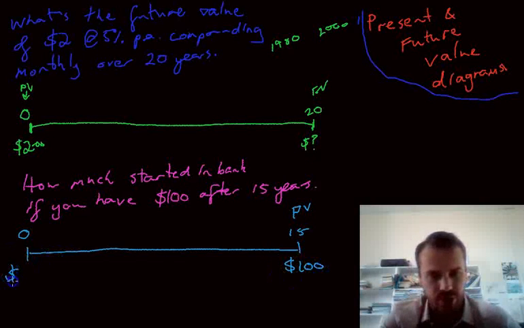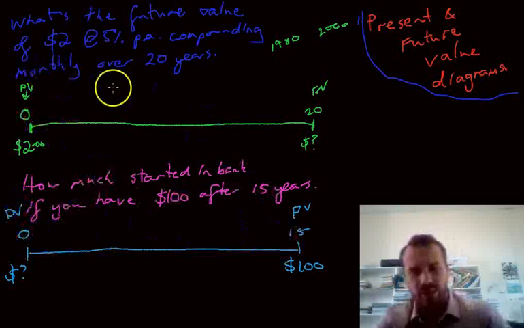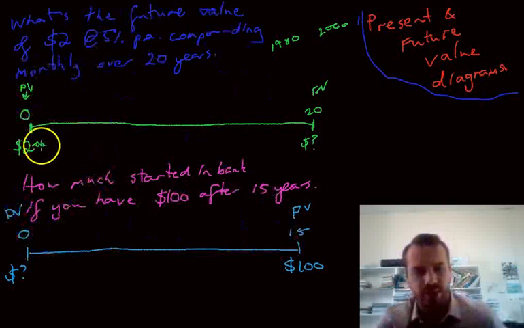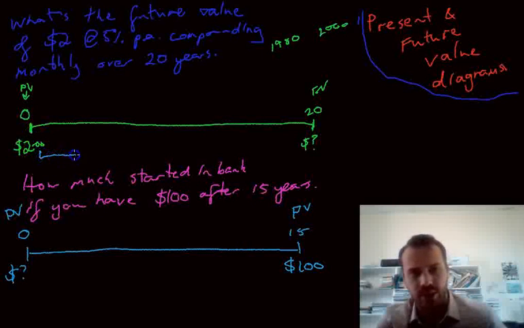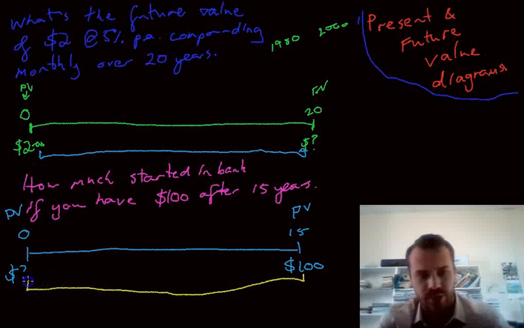But what we don't know is this, the present value. Okay, so you can see one question is just the reverse of the other. Here we're looking at, okay, $2, what will it eventually become? And here we're looking at $100, what was the value of that in the past?